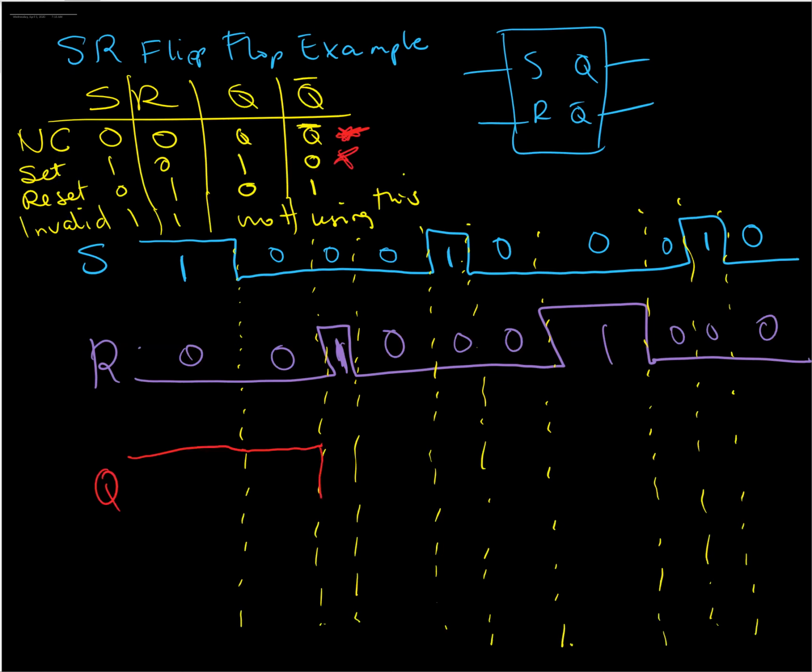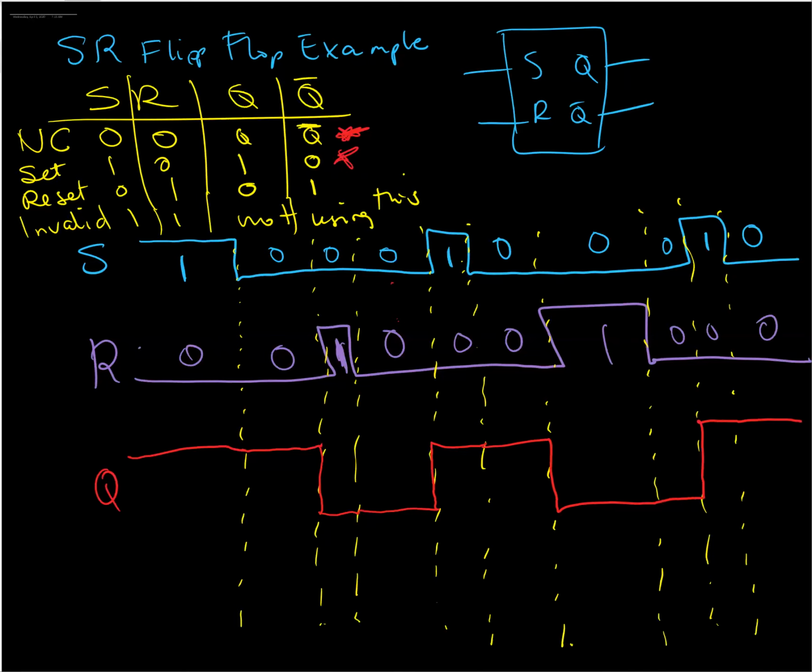So that's going to be, well, S was already 0, but that's going to be a reset state. So Q is going to go low. Then we're up against a hold state with S and R both being 0. Since we're already low, we're going to stay low. Then we get set high, and then we get held high. Then we get reset to low, held low, reset to high, held high.